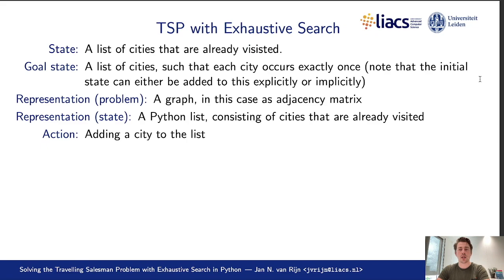So this can be represented as a Python list, in which we keep track of all the cities that we have already visited. And if we have a state space diagram, we can represent every action as adding a city to the list that we already have.